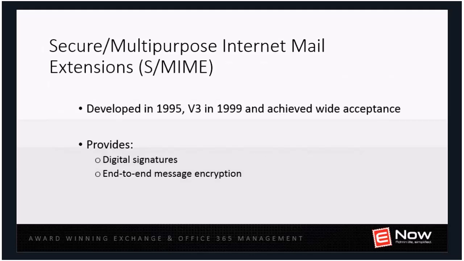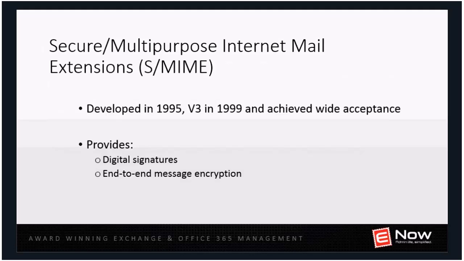So let's move on to our 4th encryption technology we're going to talk about today, S/MIME, Secure Multipurpose Internet Mail Extensions. S/MIME was developed in the mid-90s, and by the end of the 90s, it became an accepted standard.